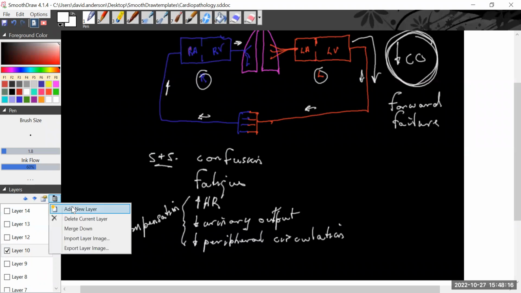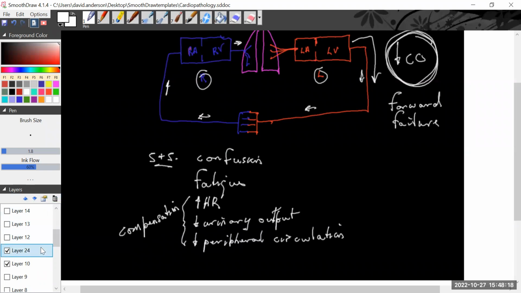Let's do this. Let's put in a layer here. So, for example, if we follow the left ventricle, if we said we had left heart failure, and we wanted to look at what's going to happen backwards and what's going to happen forwards. So we'll go forward and backward.